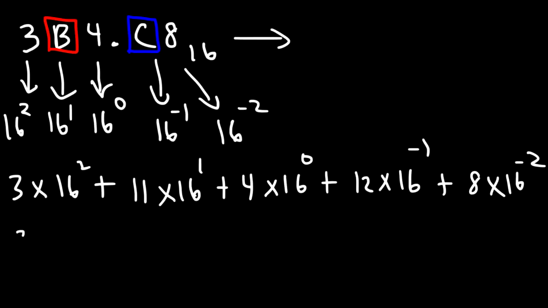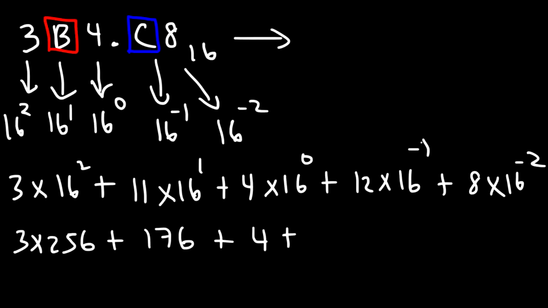Now, 16 squared is 256, so we're multiplying 3 by 256. And then 11 times 16, that's 176. And then we have 4 times 1, which is 4. Now, what do we do here? It's important to understand that 16 to the -1 is basically 1 over 16. So what we're doing is we're dividing.